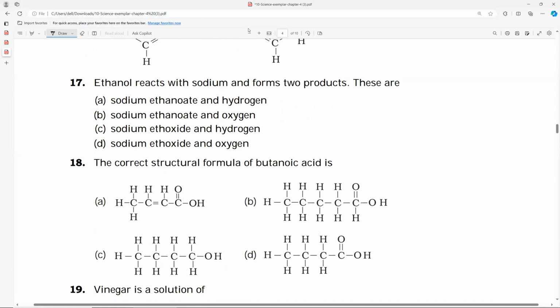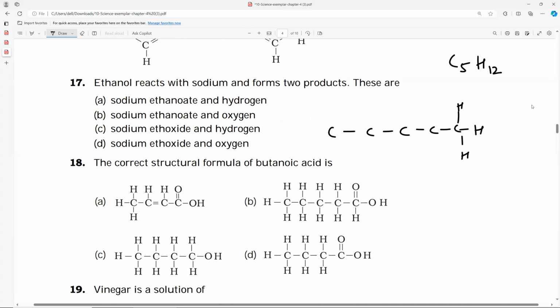Yeah, question number 18. In the previous one, if you are not able to understand how to count the covalent bonds, it says C5H12. We have 5 carbons this way, and each carbon can make a maximum of four bonds. So here it is 3 with here and 1 here, so 4 is over.